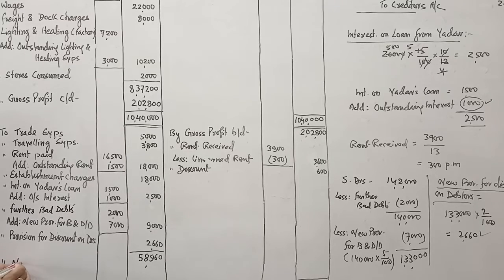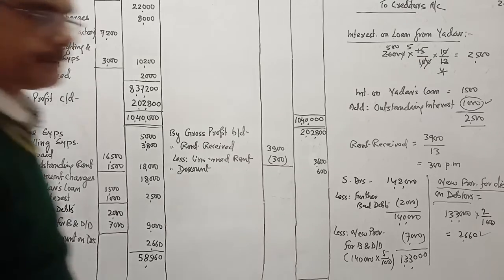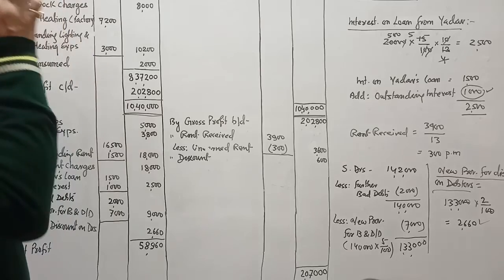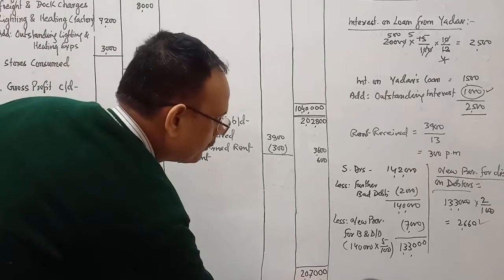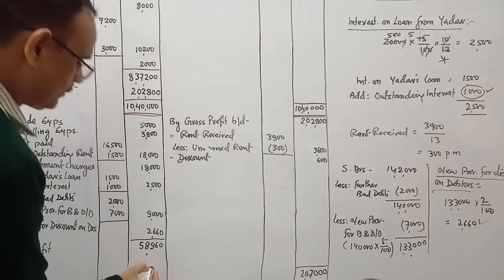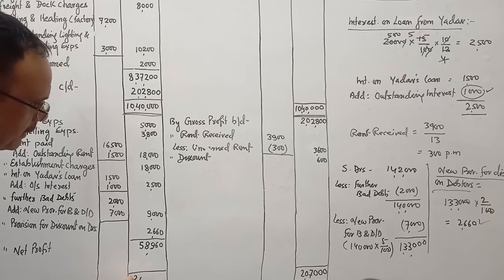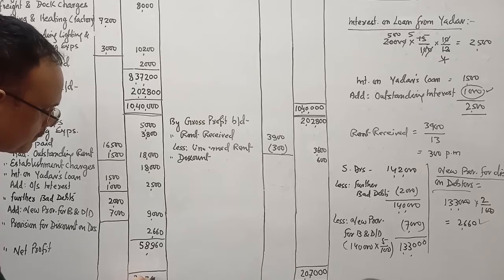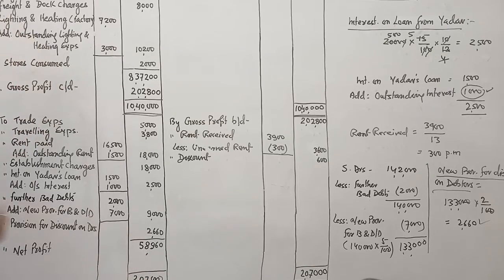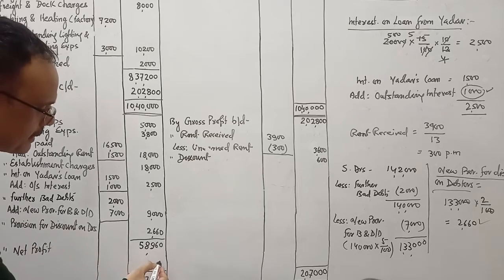Now we will find out the difference. 2,07,000 is the credit side total and the debit side total is 58,960.